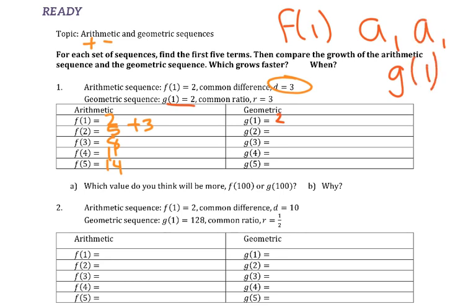Now the common ratio, because geometric is through multiplication or division, of 3 means I'm timesing by 3 each time. So 2 times 3 would be 6. 6 times 3 would be 18. Times 3 would be 54.